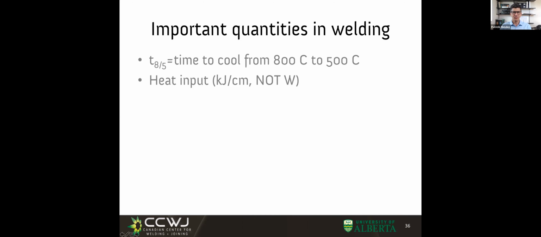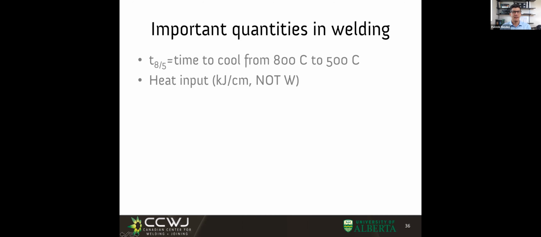So if I go fast between 800 and 500 degrees, I'm pretty much sure to have captured the phase transformation that goes from austenite into bainite, ferrite, martensite, pearlite, whatever it might be. So short T85s mean fast cooling, and long T85s mean slow cooling.